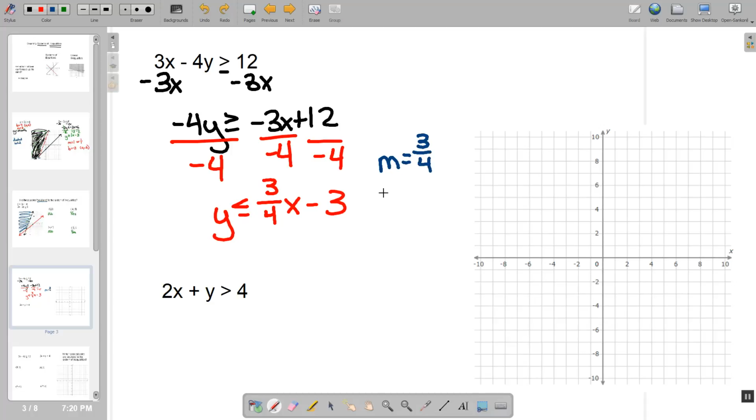which makes my m 3/4 and my b -3. The b value is here. And then my slope would be up 3 and over 4. I can do that again by going up 3 and over 4 again. And now I need to graph my line.